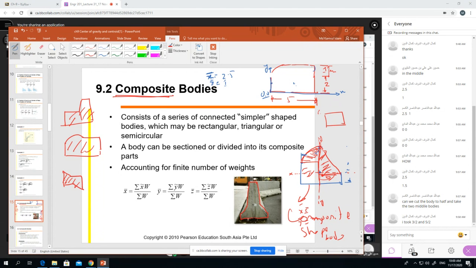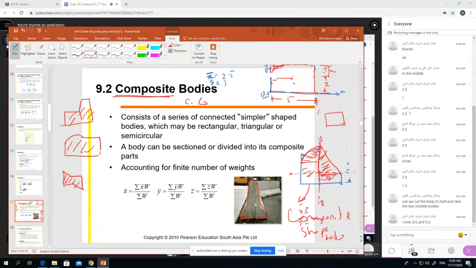So how to find the center of them? The CG, center of gravity, of a composite body. If it is a rectangle, we get the center here, right?